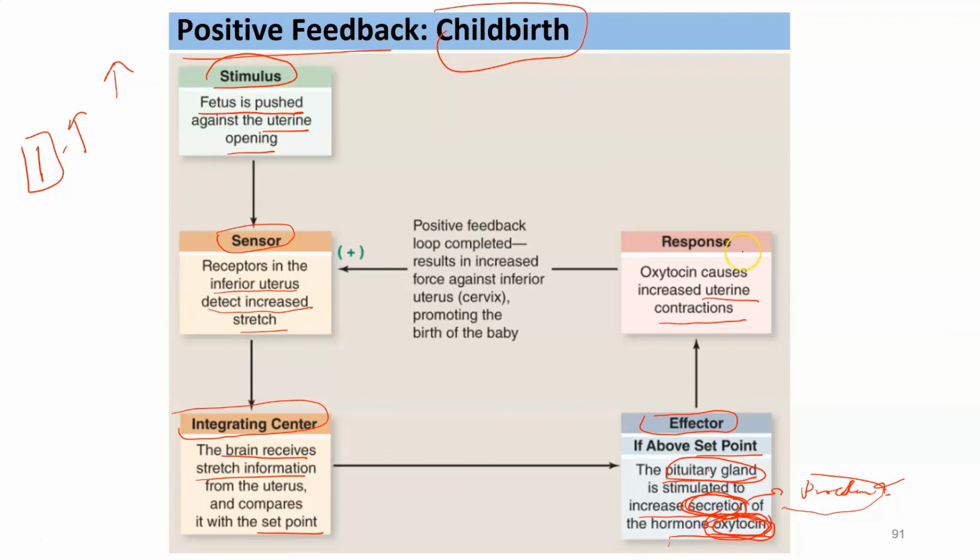Okay, so this is a positive feedback loop. Okay, so it results in increased force against the inferior uterine, the cervix, promoting the birth of the baby. So selagi baby tu kat dalam uterus awak, selagi tu dia akan push against the uterine lining and cause the release of more oxytocin. Okay, so it causes the contraction of the uterus until the baby is out.